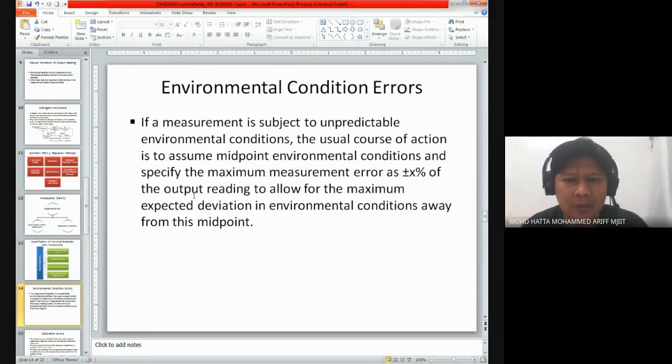Assume the midpoint environmental condition and specify the maximum measurement error as plus minus X% of the output reading, to allow for the maximum expected deviation in environmental condition away from this midpoint. So in other words, the keyword here is that first we try to find the maximum measurement error, and take the assumption that we only count the midpoint of the environmental condition.